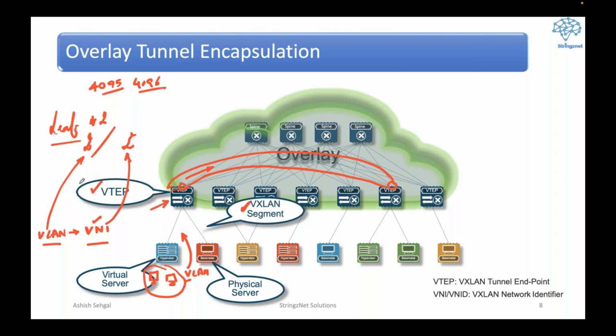So VLAN ID is a 12-bit ID, which gives us 4096 IDs. And you know what? In case of VNI, we have increased this 12 bits to, anybody? 2 raised to the power how much? 24. Anybody who can tell me how much is 2 raised to the power 24? It is more than 16 million.